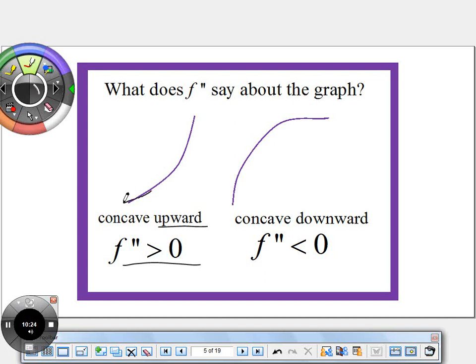Concave up just means that it kind of looks like this, and concave down is kind of what you'd think, that it kind of goes down a little bit like that. So concave up basically means that the rate of change of the first derivative is positive. So the first derivative is changing in a positive fashion. So it's actually increasing. Okay.